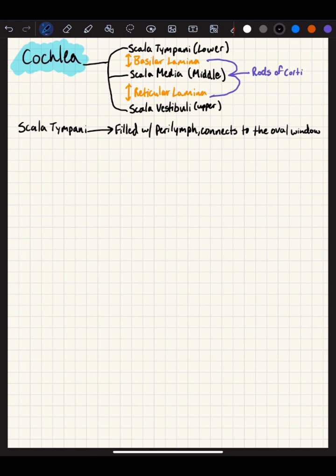Now, the scala media is a little high maintenance and thinks it's really important, so it's got a little bit more going on than the other ones. So this one is filled with endolymph, which is the membranous labyrinth fluid. Again, the ear bases its equilibrium off of fluid.